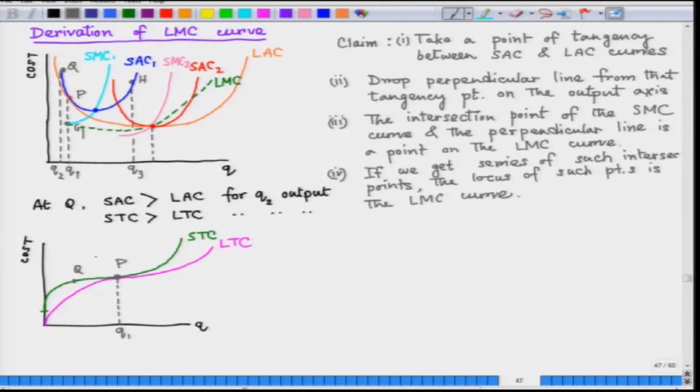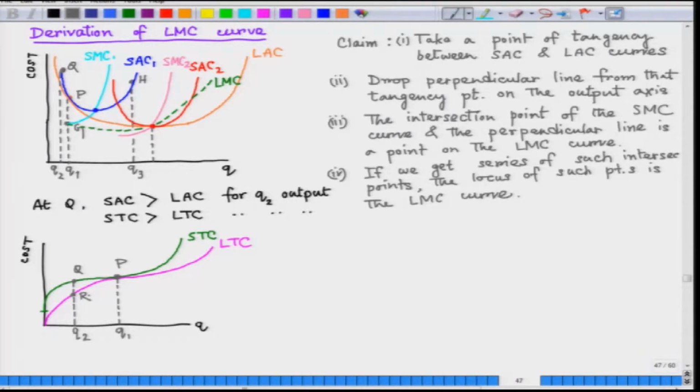Q is not a tangency point between the long run and short run average cost curves. So Q corresponds to an output level, say Q2, right. Now note the slope at these 2 points Q and say R.